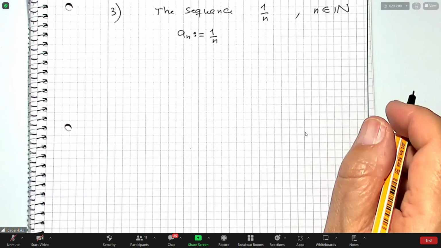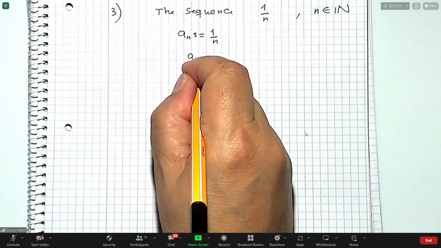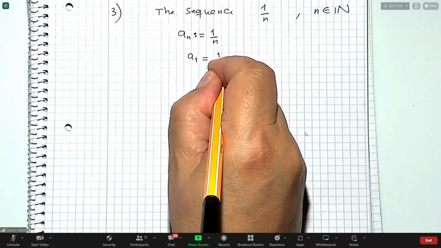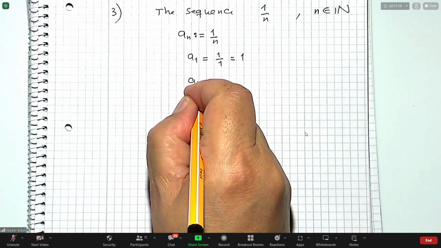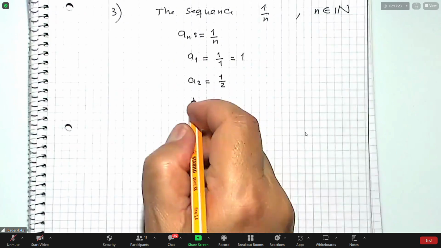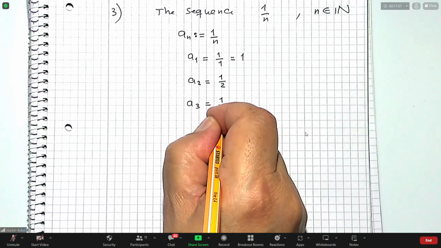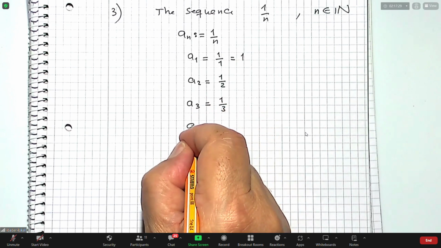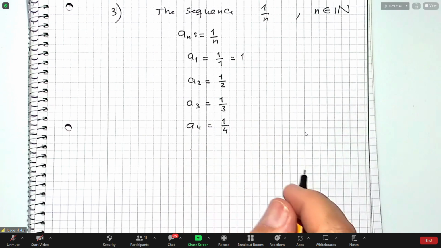Okay, now here the first element is a1, so it's 1 over 1, so it's 1. Second element is 1 over 2. Third element is 1 over 3. Fourth element is 1 over 4, and so on.